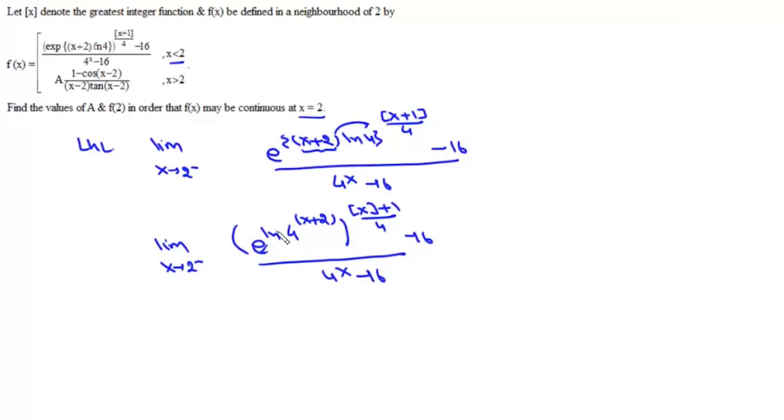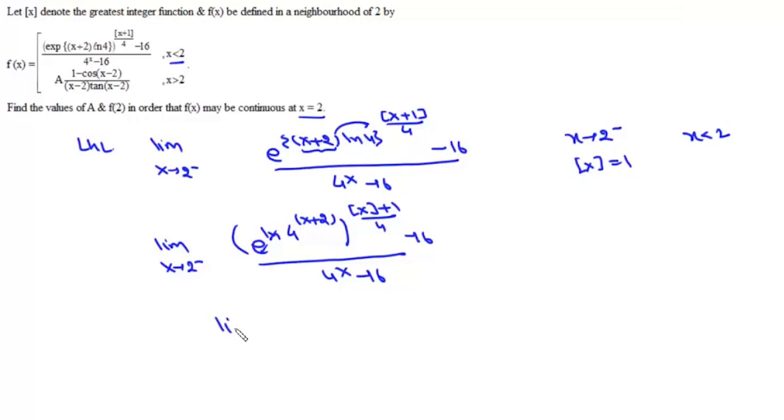Now this e and log will cancel, and we also know that when x tends to 2 negative, greatest integer function of x is 1, as x is less than 2, and greatest integer function doesn't take a limiting value, so we have to put the value of the greatest integer function.